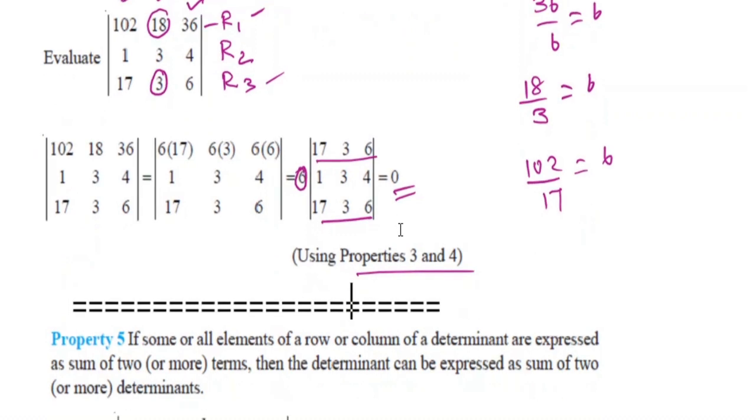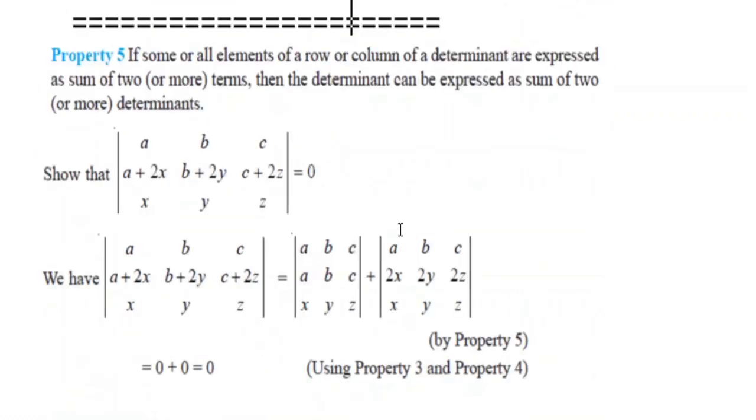Now let us move to the fifth property. Here, if some or all elements of a row or column of a determinant are expressed as a sum of two or more terms, then the determinant can be expressed as a sum of two or more determinants.